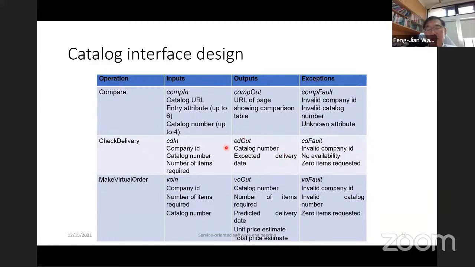And if we have any errors, we cannot work, and we will reply to the consumer with the following error messages, like invalid company ID, no availability, and 0 items requested. And I think from this table, you will see all these messages will be associated with, like, SOAP.